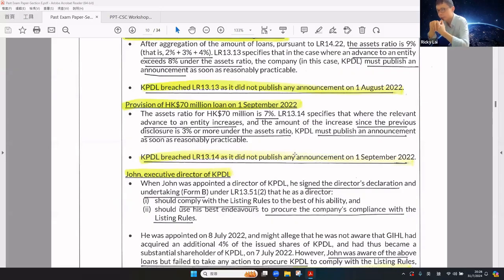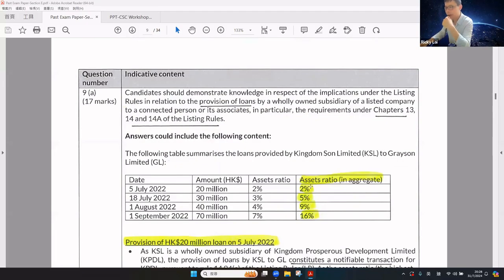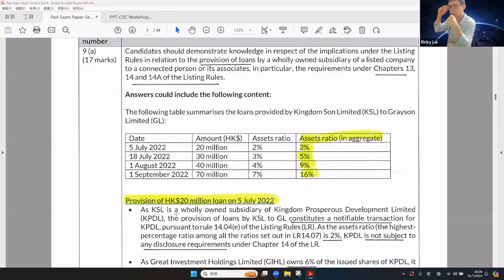Similar to the first batch of the loan, the listed company breached Chapter 13 because it did not publish any announcement on September 1st. So you can refer to the loan table and use every batch of the loan as a heading to provide the analysis on Chapter 13, 14, and 14A of the listing rule.